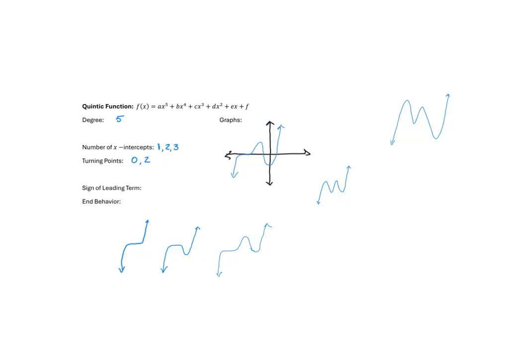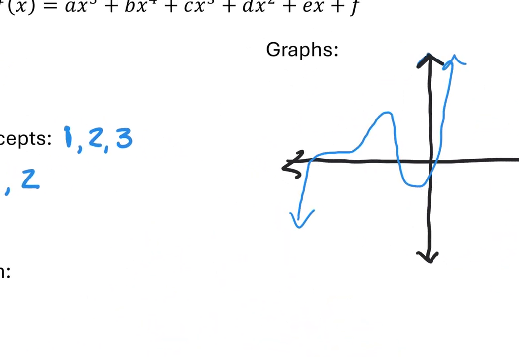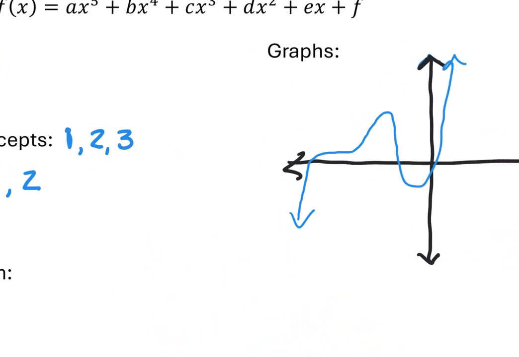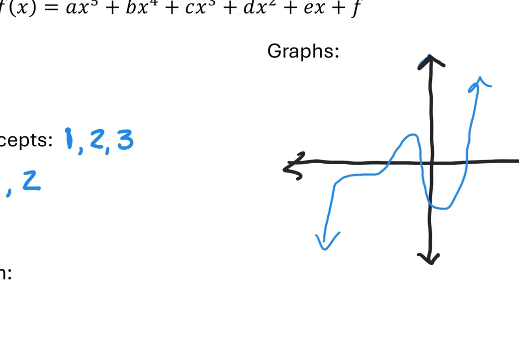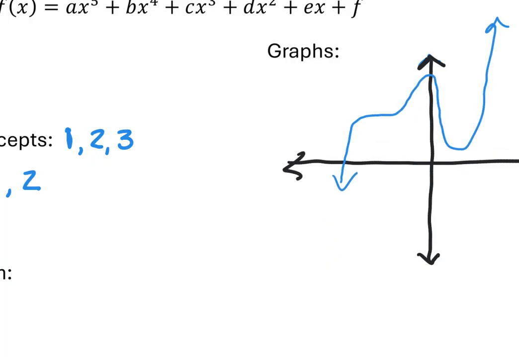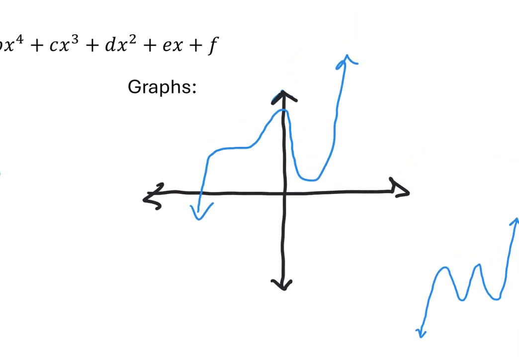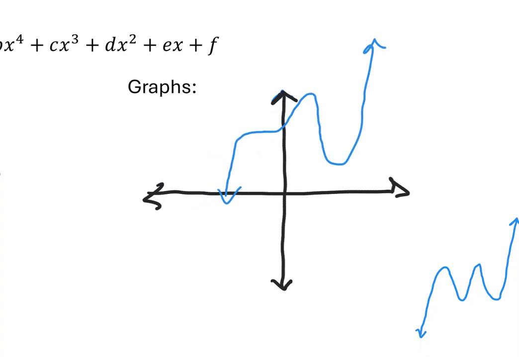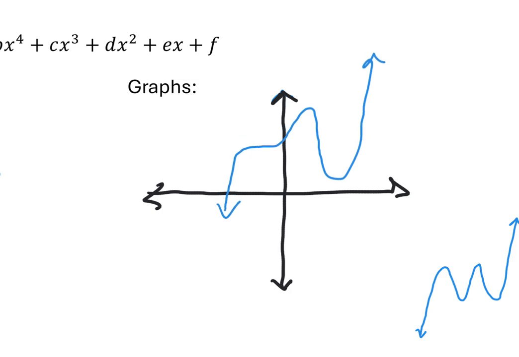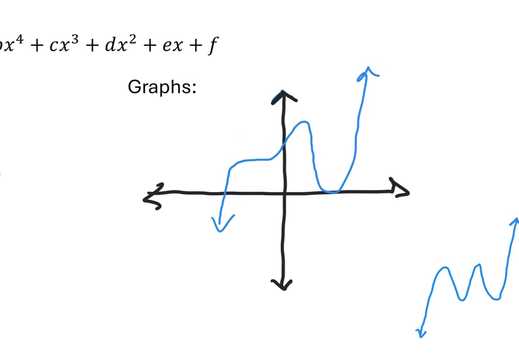All right, let's look at this particular picture. All right, if we look at this particular graph, okay, again, we can start off with our 1 x-intercept. We can have 2 x-intercepts.